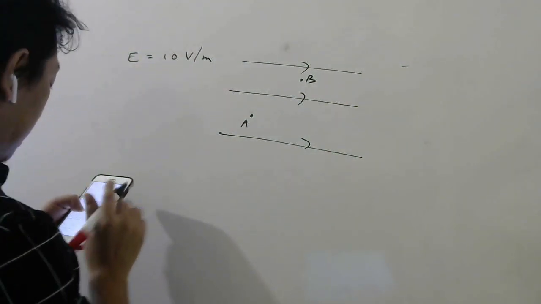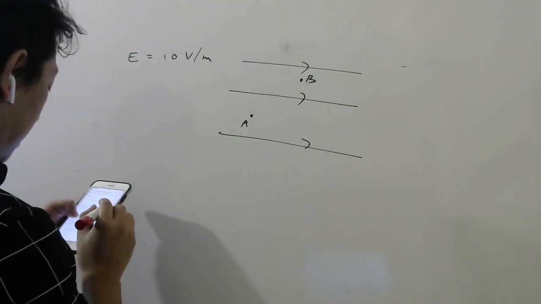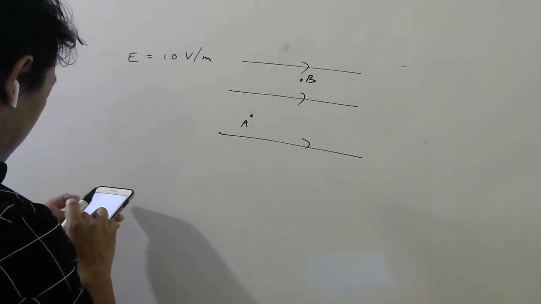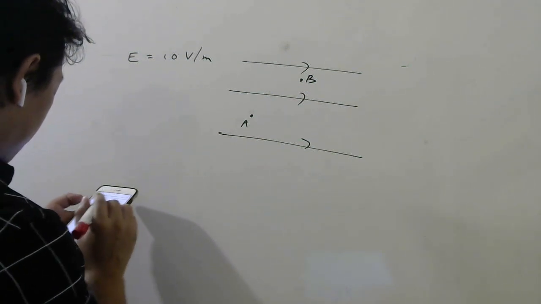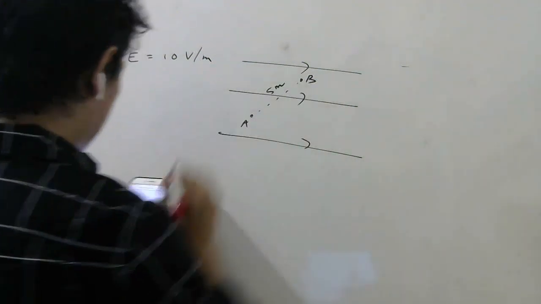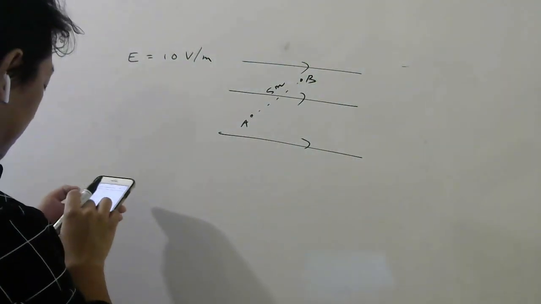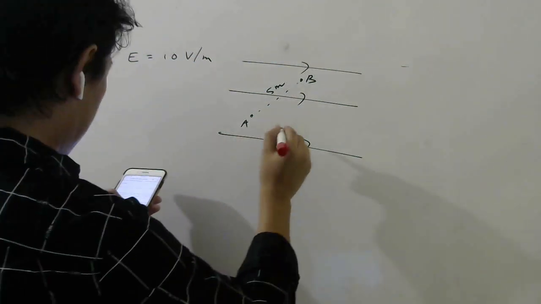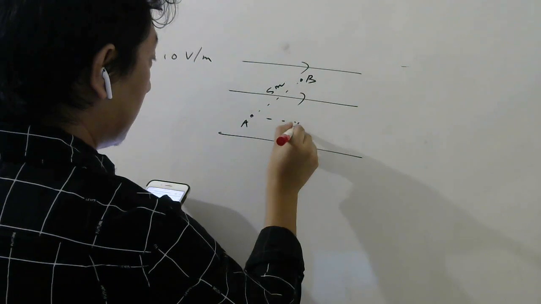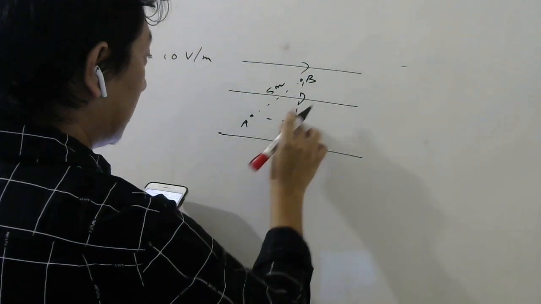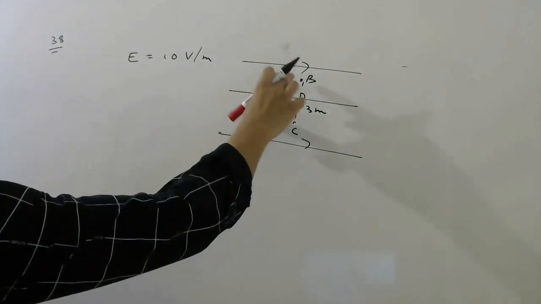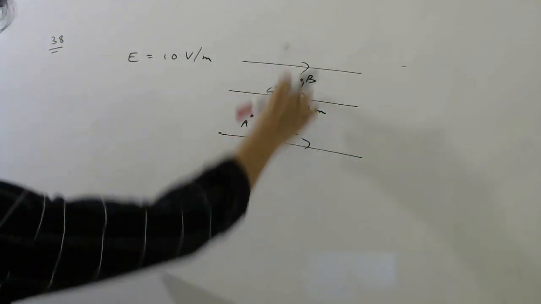Side AB is 5 meter and side BC is 3 meter.